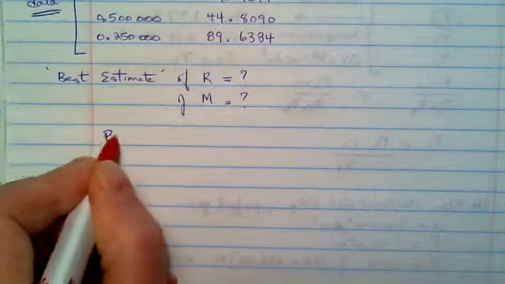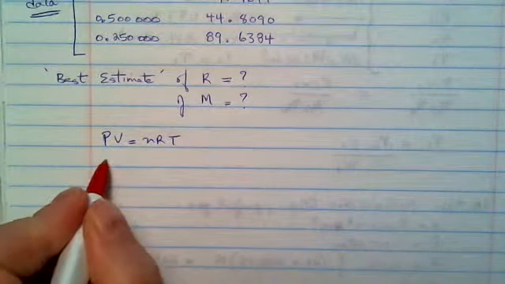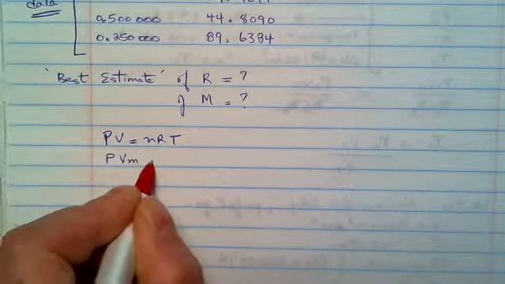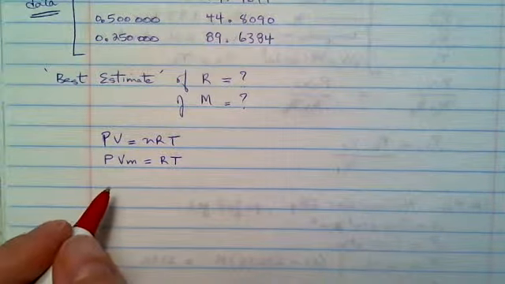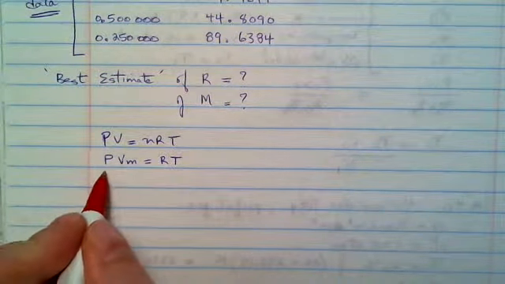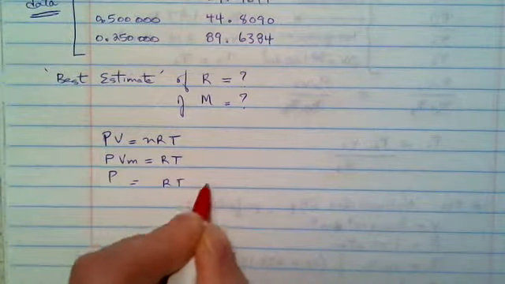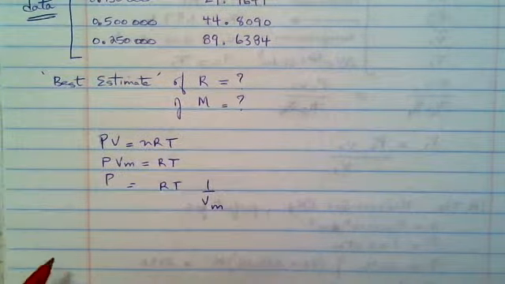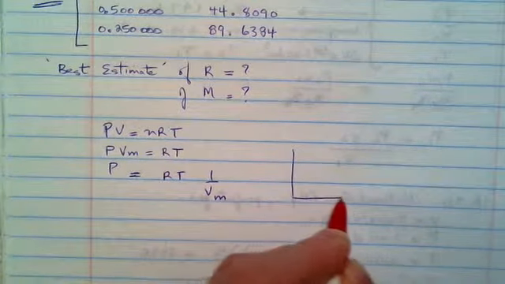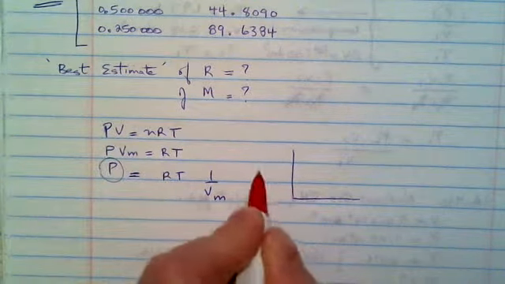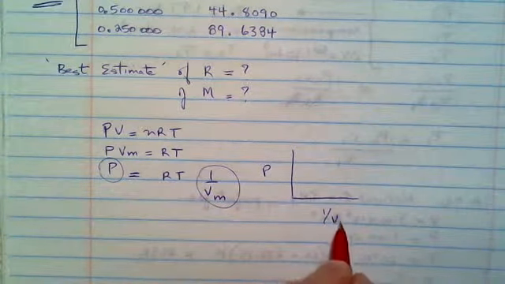All right, so if I have PV is equal to nRT, and so PVm is equal to RT, I can see that P is equal to RT times 1 over Vm, like so. And so I could probably make a graph that looks like this and put pressure on the y and 1 over molar volume on the x.